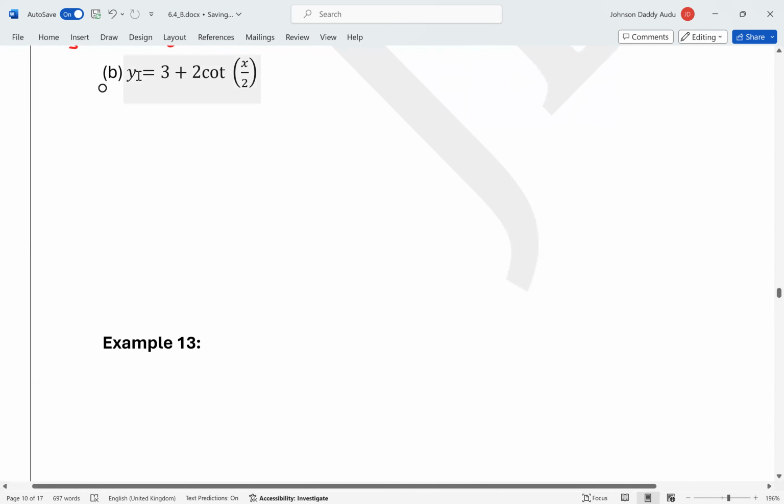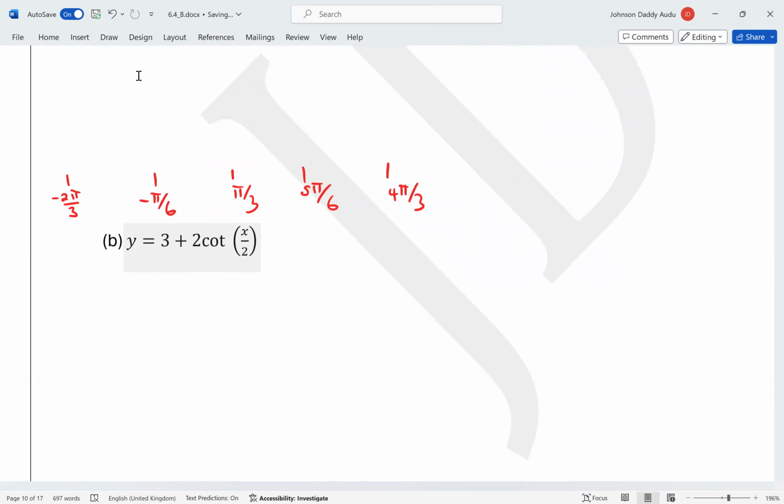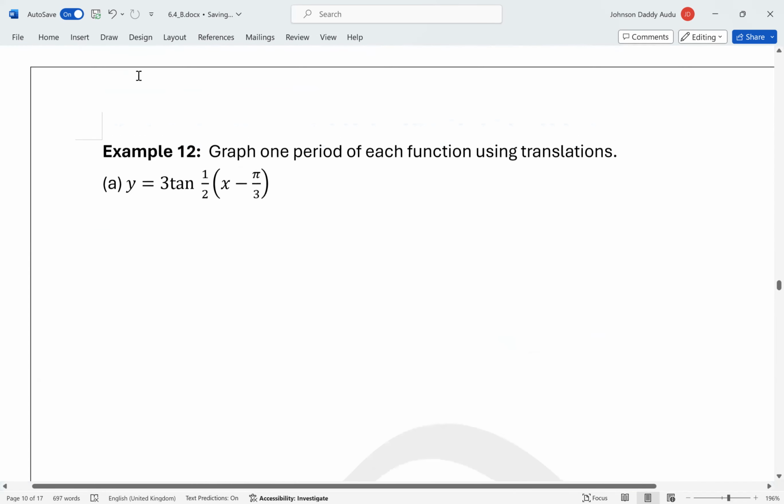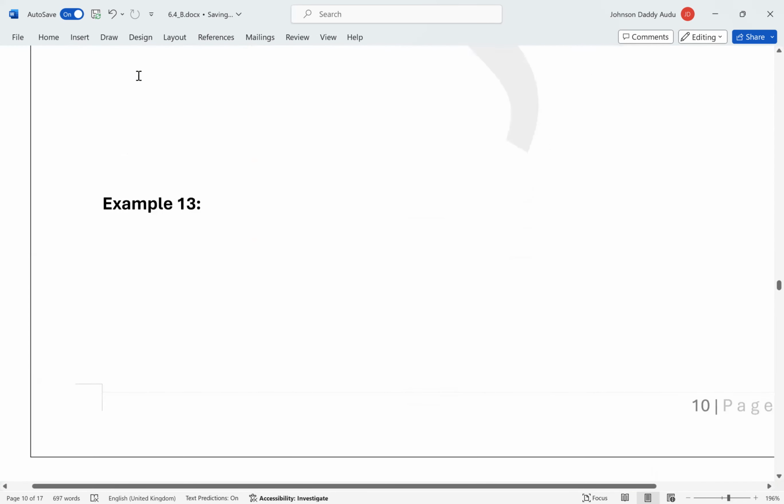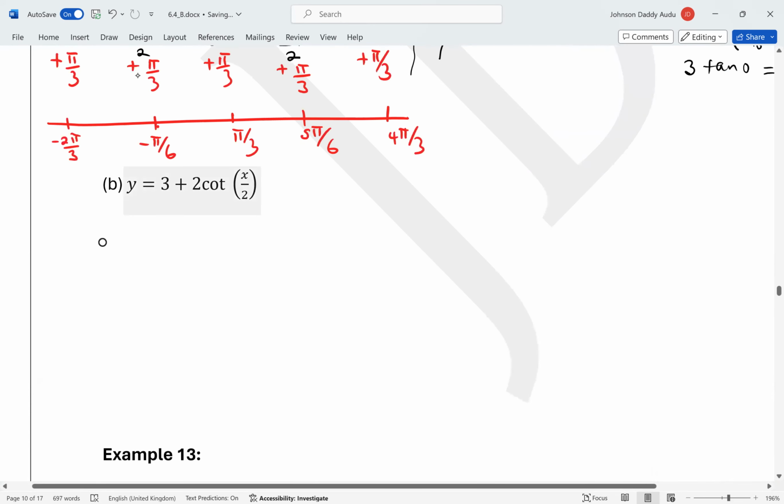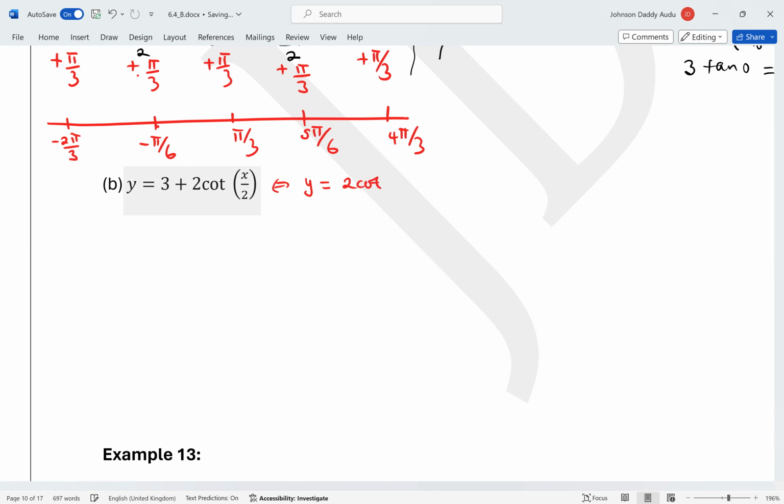Okay. Now this one is a similar situation. Here we have a vertical shift of 3, but we are dealing with the graph of cotan. So we can write this as y equals 2 cotan x over 2 plus 3, right?